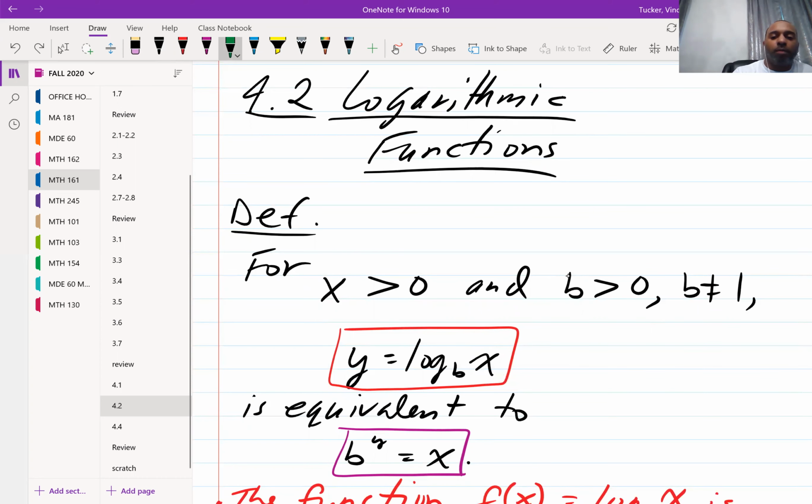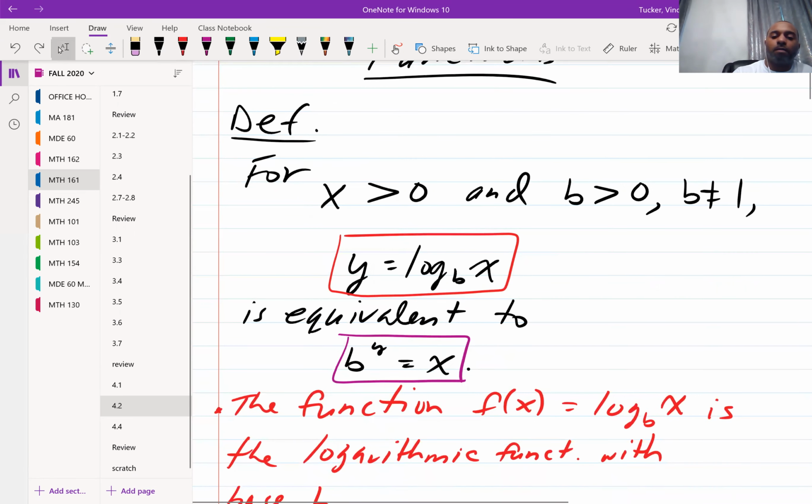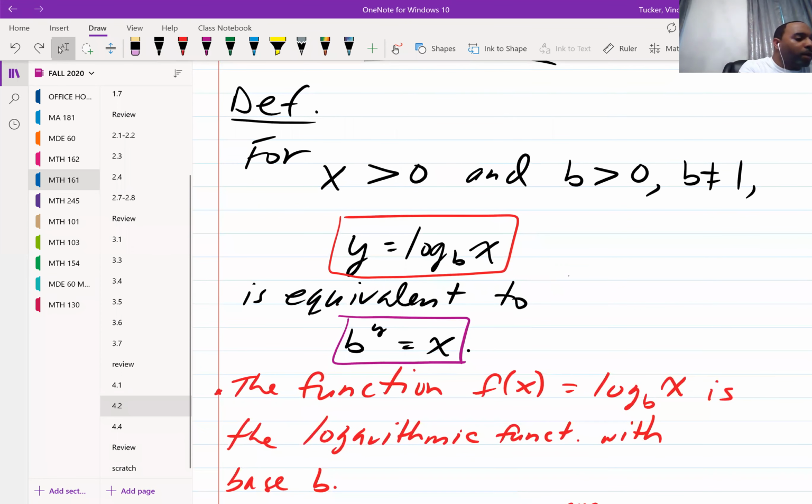All right, so you see log base b of x, and then here I have b to the y power is equal to x. And then in red, I was just writing what log base b of x is. That's the logarithmic function with the base b.